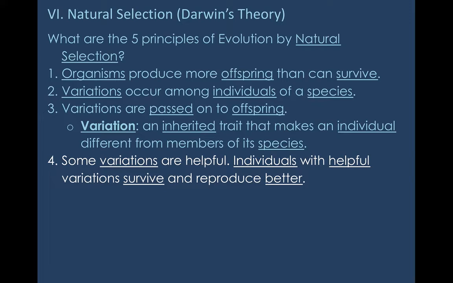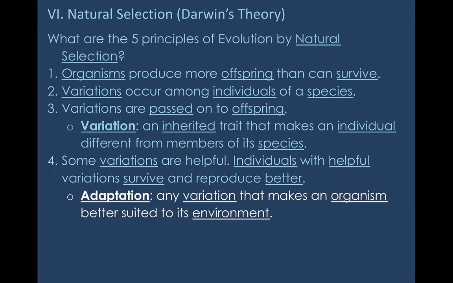The ones that have the helpful variation for survival are most likely the ones that are going to live long enough to reproduce and pass those variations on to their offspring. Now, when we have a helpful variation, a variation that makes an organism better suited to its environment, we call that an adaptation. An adaptation is any variation that makes an organism better suited to its environment.